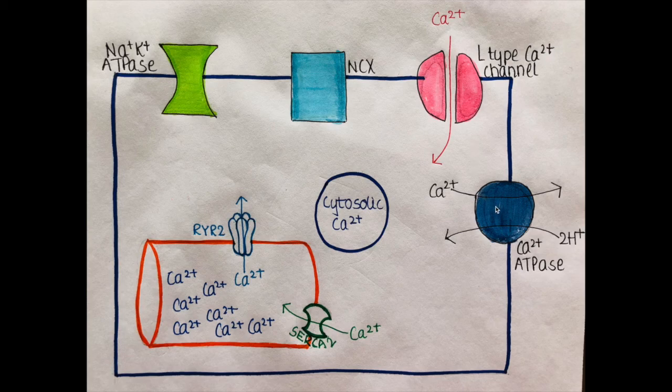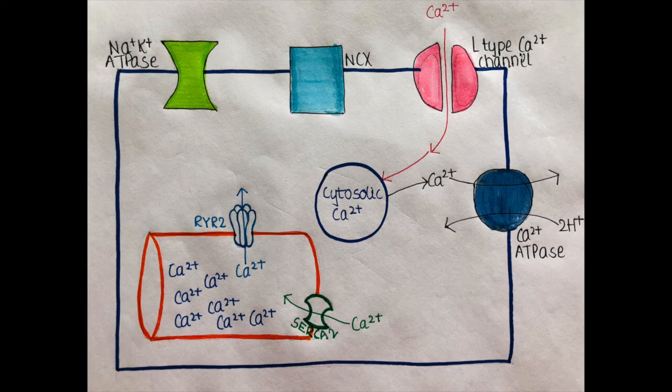Now we can say that basically there is only one way through which calcium enters the cell, and that is through L-type calcium channels. That is, during depolarization, the calcium ions from the outside of the cell move inside the cell. This contributes to the cytosolic calcium, and there are only two ways through which calcium moves outside the cell.